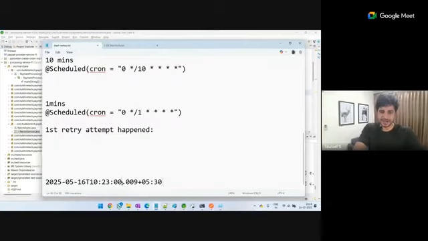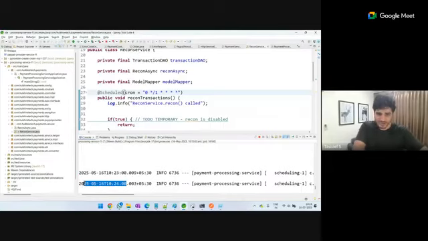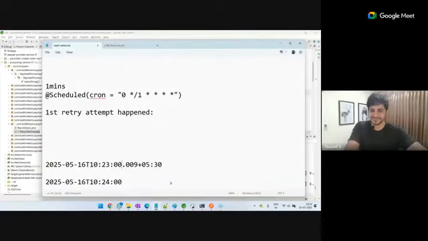But at least just look at the second part, which is still at 10:23. Okay, now 24 has happened. Go back here, observe 10:24.00 also. Next time it is running. So we can say confidently that every minute it is executing.